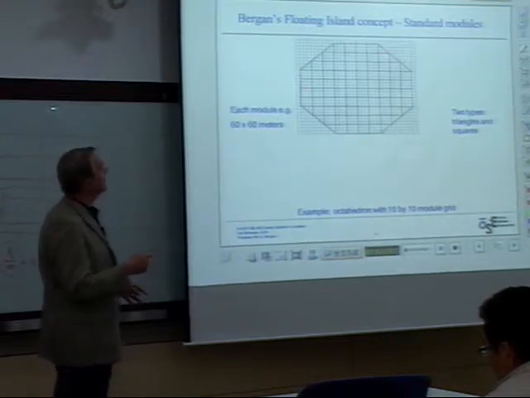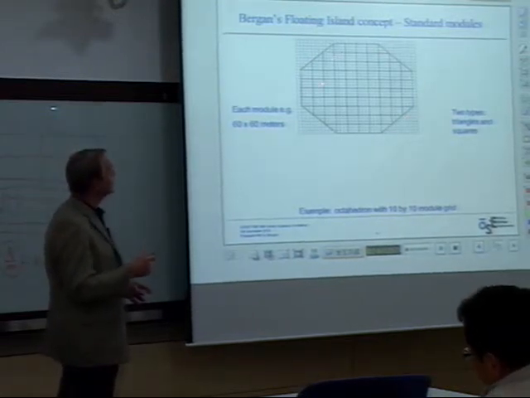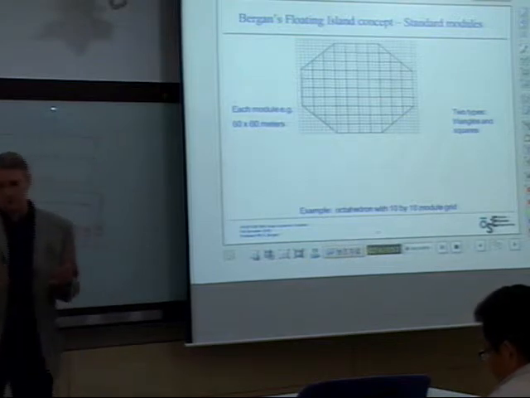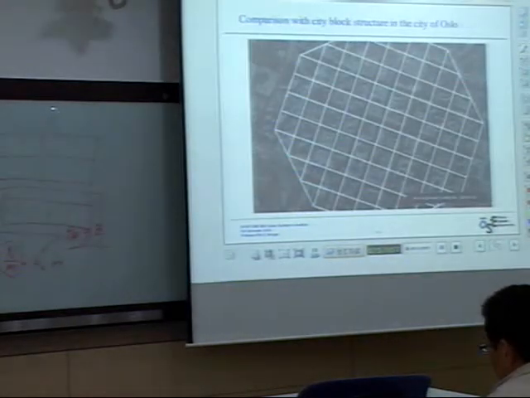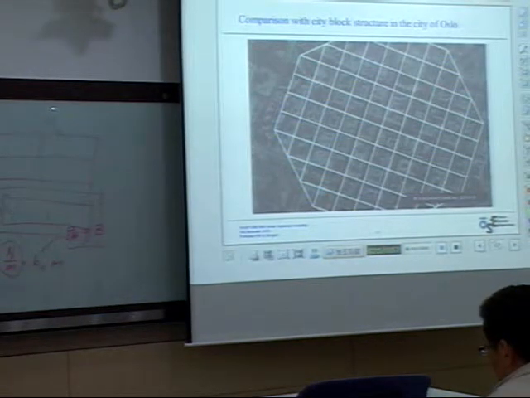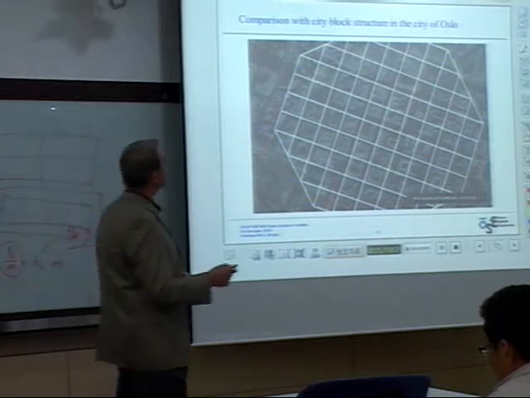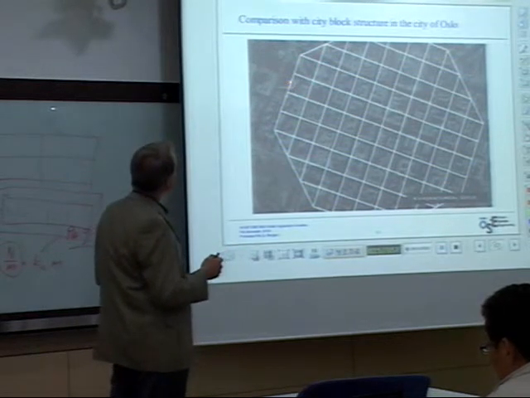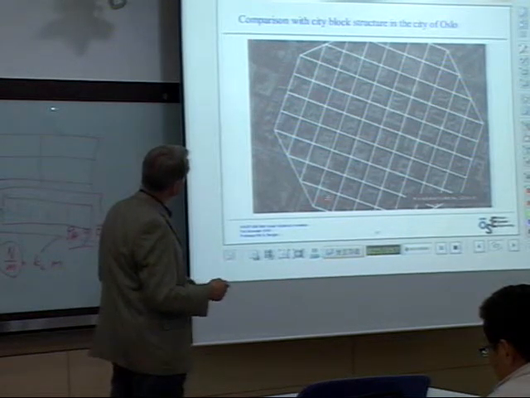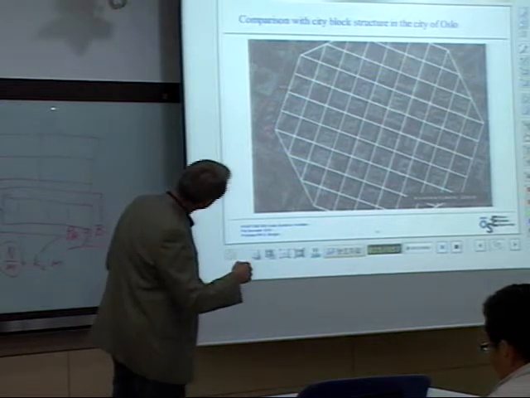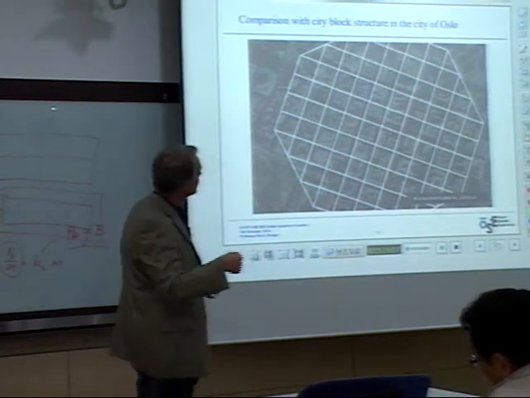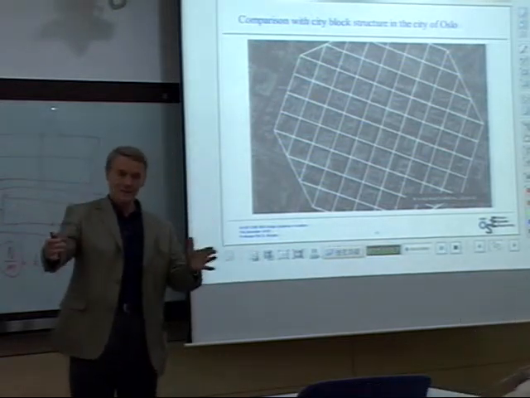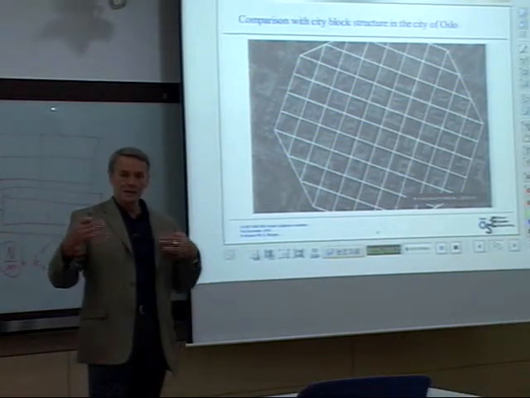This is an octahedral shape, but you only need 2 different types of elements to make something like that. And it's quite interesting because if you take this structure and compare it with this part of Oslo that you see in the background, the streets, right? It kind of fits with a block structure in a city.